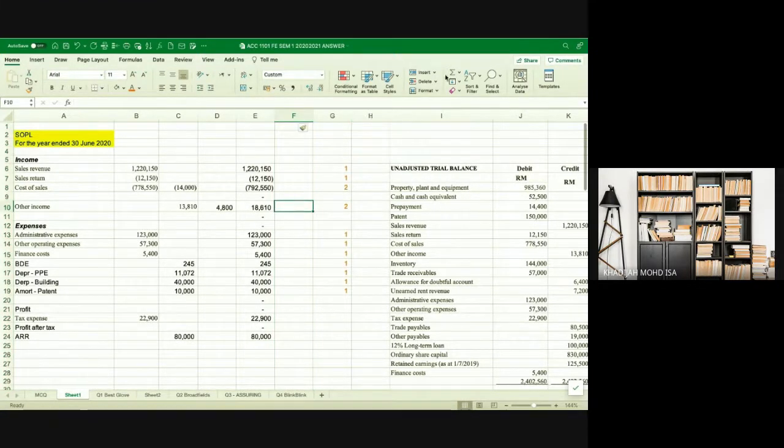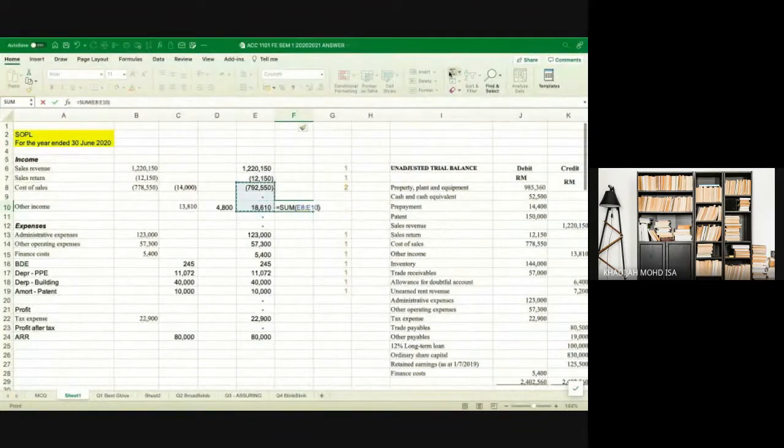Right, so this one is your sales, other income. So total of the income, both, and then total of your expenses here. So profit would be total of your income minus your expenses.